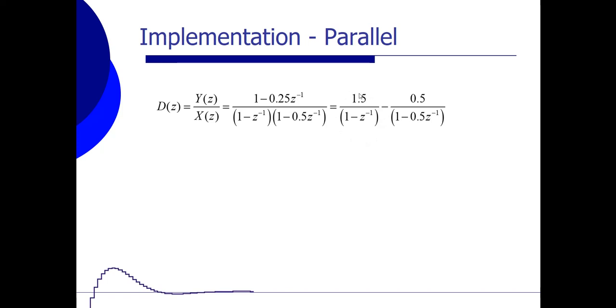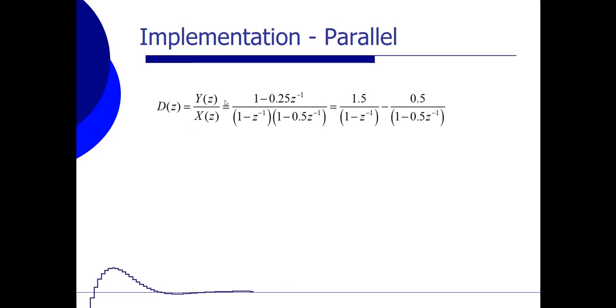So first of all, let's make this system block. We do it again, as we discussed in, for instance, the direct implementation method. We say that y times 1 minus z to the power minus 1 equals x times 1.5.